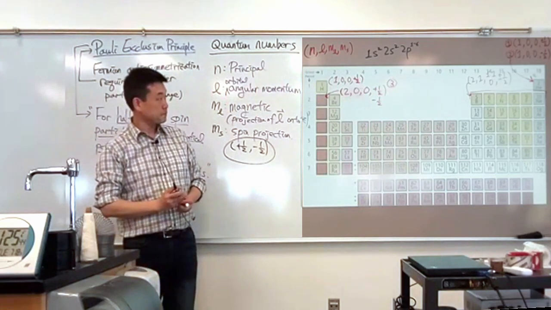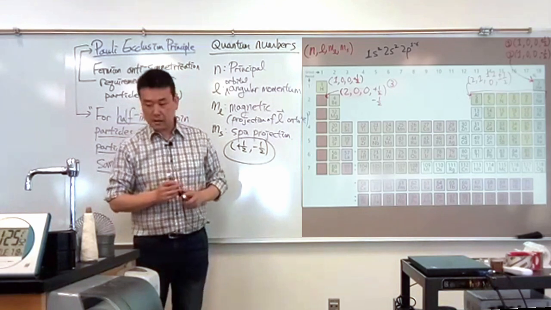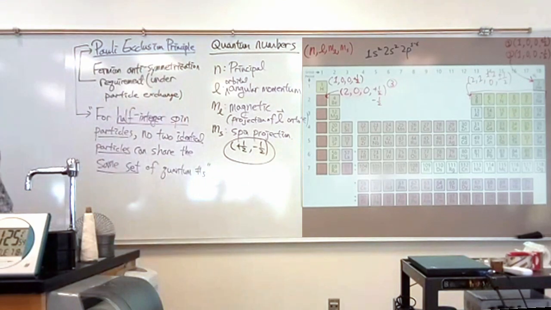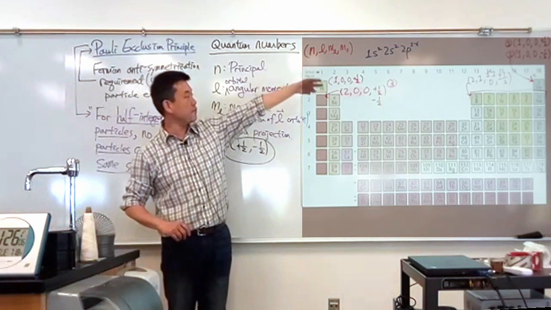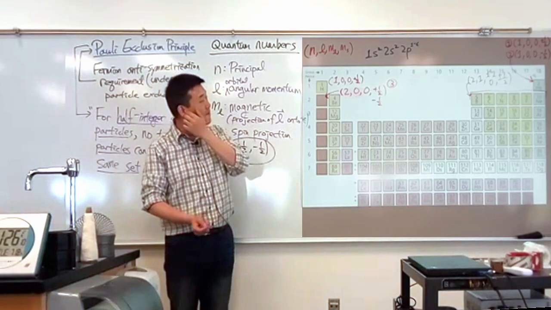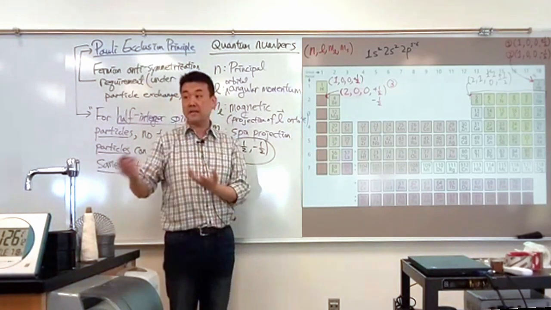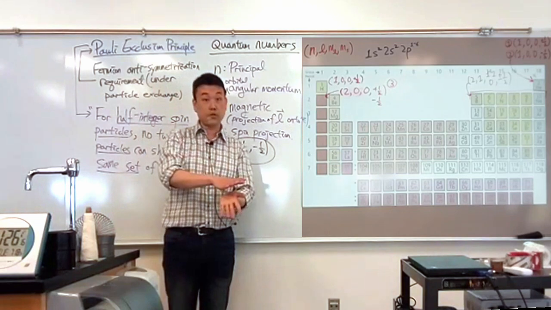So now that we've laid this out, let me clean up this notation a little bit and organize how these quantum numbers fit into where the elements are. What I'm essentially describing is the valence shell electron, the very last electron that you put in.